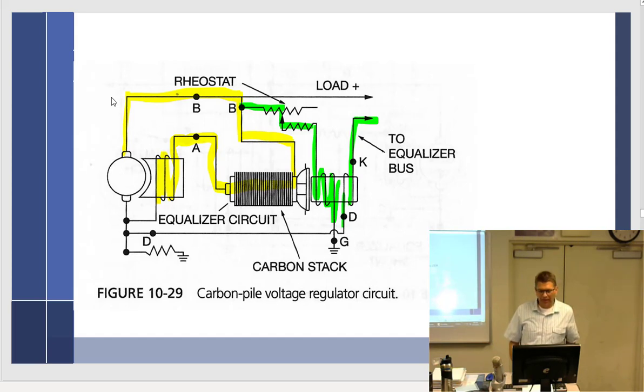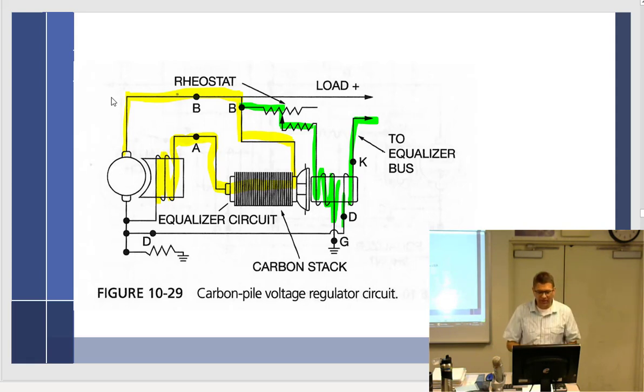So anyway, as this comes through, it's going to create an electromagnetic field. As the voltage increases, and we need to add resistance, it is going to pull the stack apart, adding resistance. As the voltage decreases, the stack will come back together. I said that backwards.